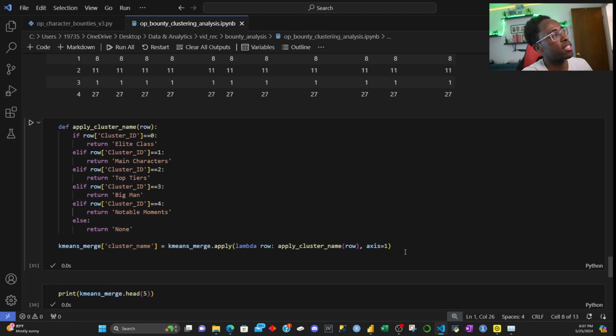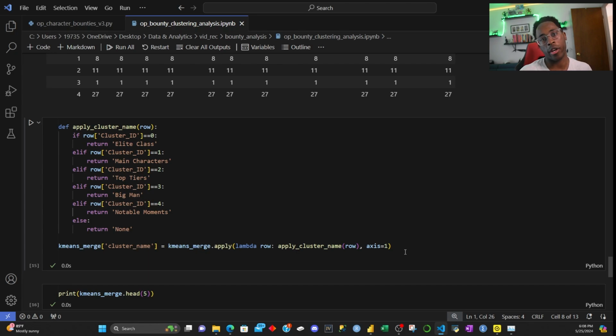Then, because the cluster IDs have no real content value, what I've done is, after analyzing the data, I've assigned each of the cluster groups what I think is a relevant title.